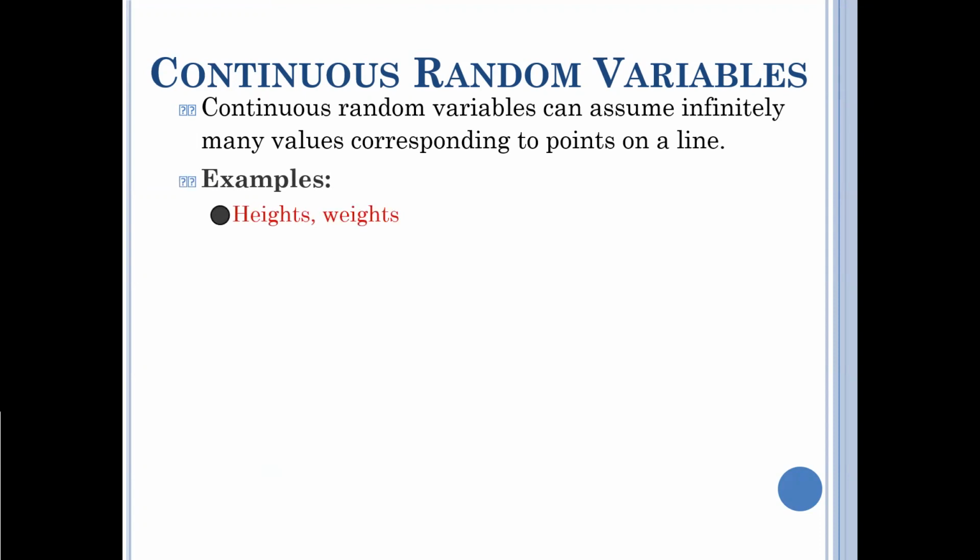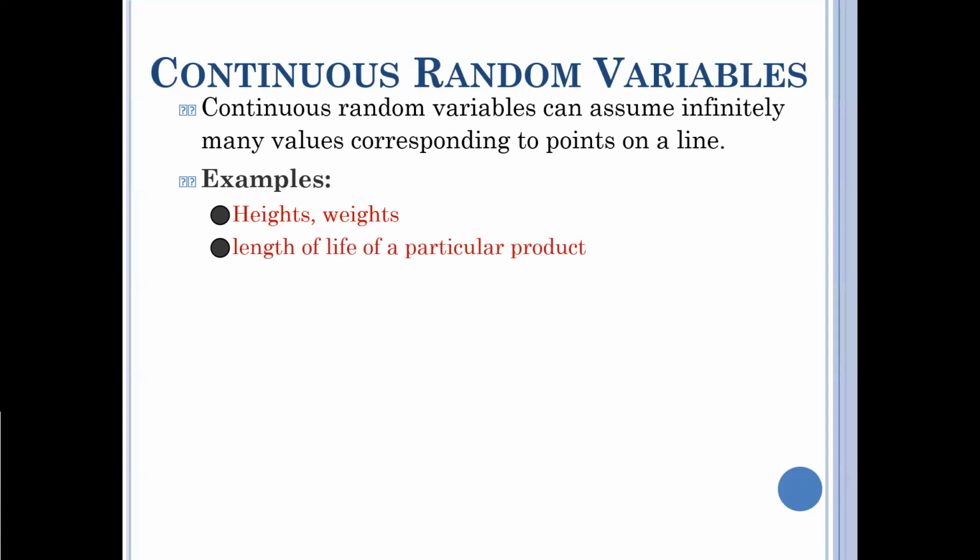We have to remind ourselves that continuous random variables have to give us continuous data, and continuous data are things that are measured, not counted. Things that are counted are discrete, and those go into our discrete random variables like the binomial. Things that are measured are continuous. So heights and weights, length of life of a particular product.